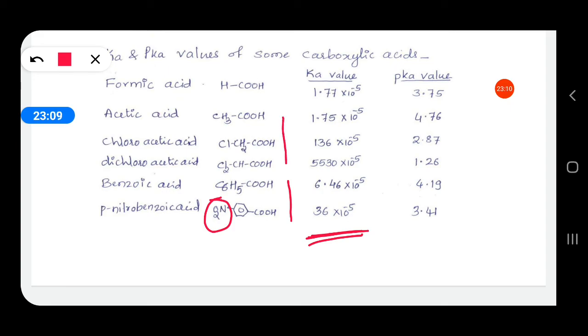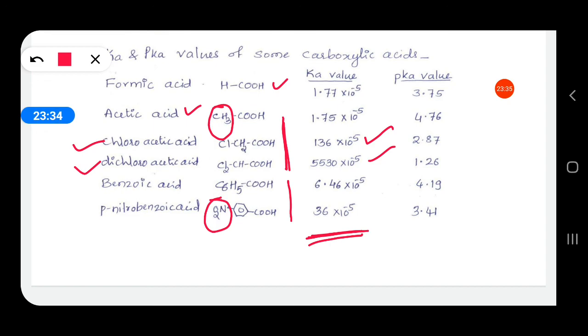In acetic acid and chloroacetic acid also, if the chloro group, that is, electron withdrawing groups are present, they help the stability of the carboxylate ion. Therefore, the Ka value increases. But in acetic acid and formic acid, the methyl group of acetic acid is an electron releasing group.